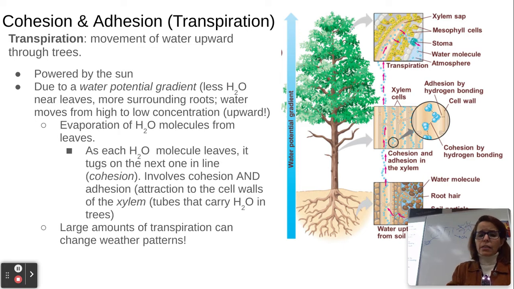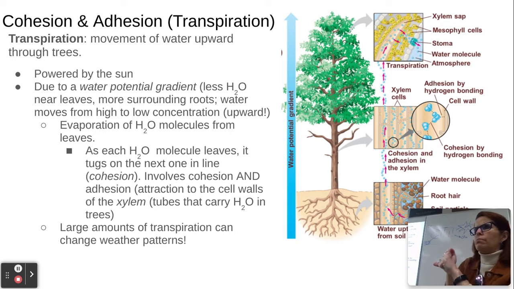All right, and then the other thing that I just wanted to remind you quickly, one really big reason cohesion and adhesion are super important, has to do with transpiration. Remember that trees don't have a heart. So how are they pumping tons and tons of water from their roots up to the top? Part of that is powered by the sun. Water is evaporating, but then each water molecule pulls on the next water molecule.